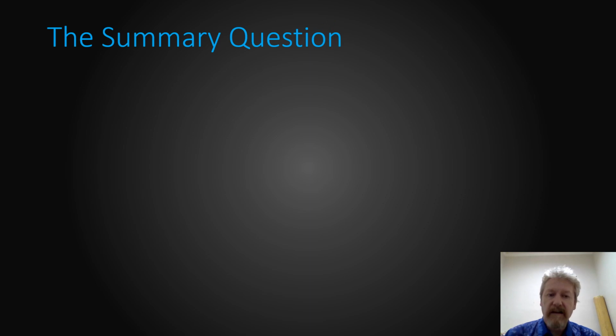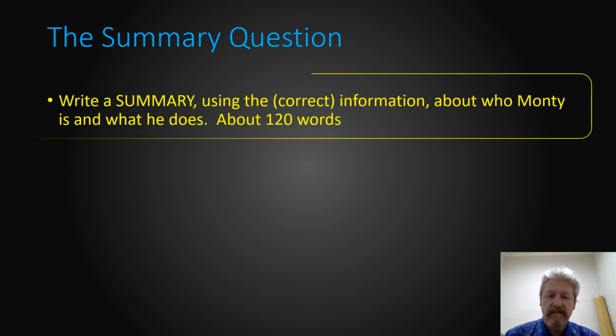Now, the summary question. This is your next task. You need to write a summary using the information from the text. Now, it's the correct information from question 1 about who he is and what he does. So write this about who Monty is and what he does.